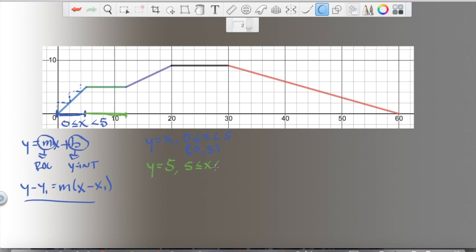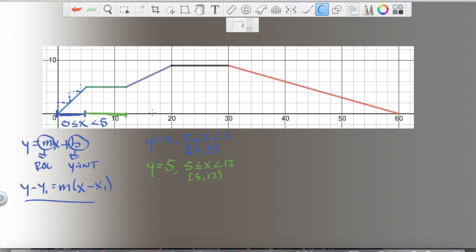So I know that the part I'm using is from 5 all the way to 12, and we could write it in either notation, right? Again, we're going to have a bracket, 5 comma 12, parenthesis. So hopefully that's making some sense for you guys, that we can clearly identify the piece right here as well as when we're using it, and we're using it from 5 to 12.